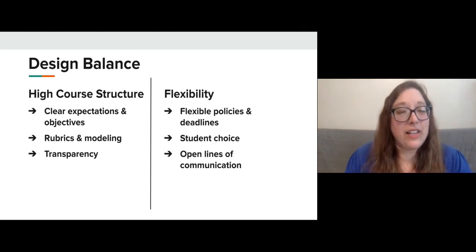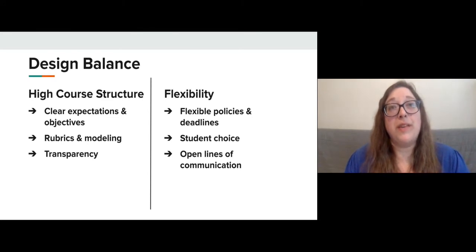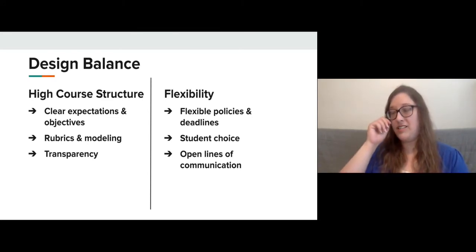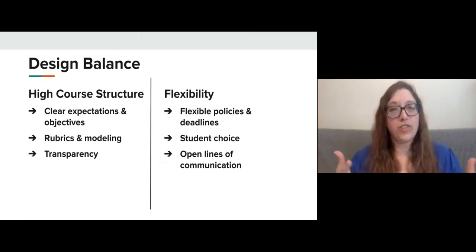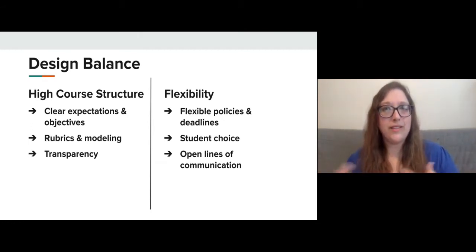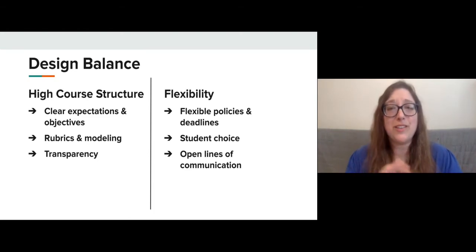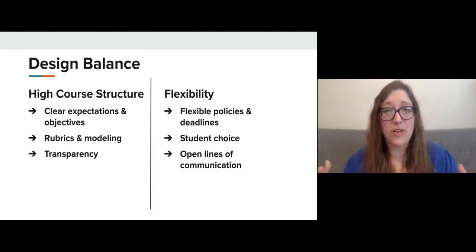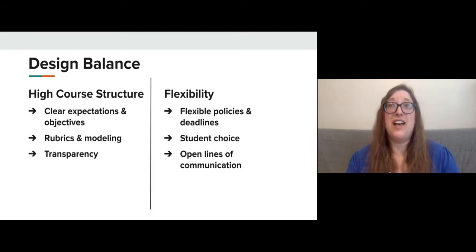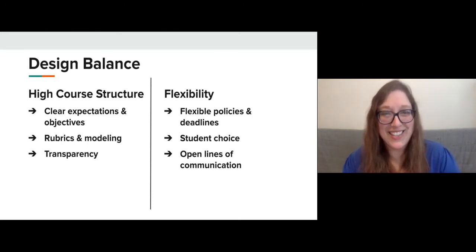That means having clear expectations and objectives from the very beginning, letting your students know at every point in the course what we're doing and why we're doing it. So if you expect students to come to office hours, explain to them what office hours are, and explain things like what a syllabus is and what it's for, rather than just being frustrated that the students don't read the syllabus.